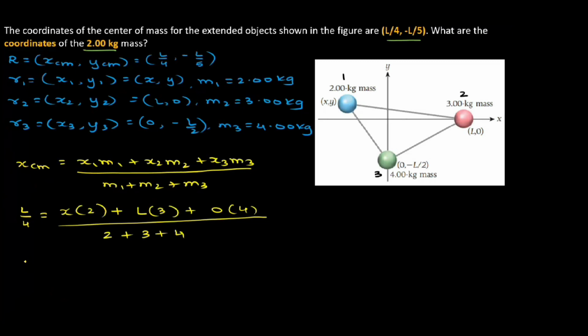Now when you solve this, you get L by 4 equals 2x plus 3L divided by 9. I need to solve this to find what is x.